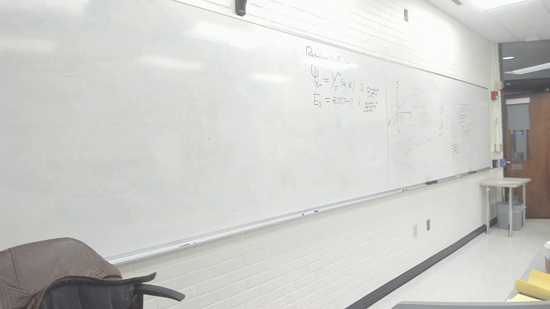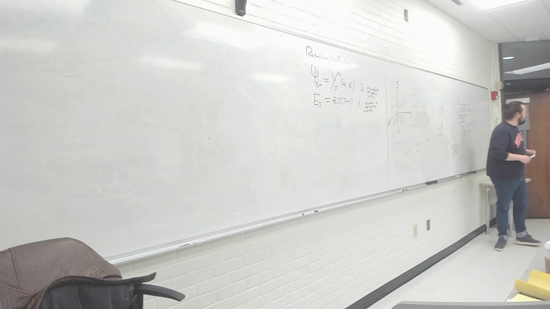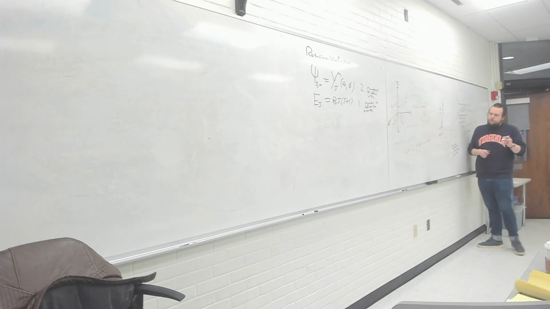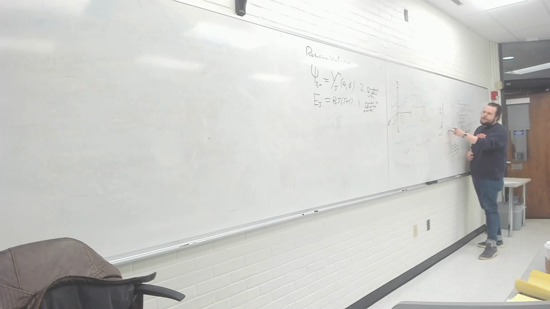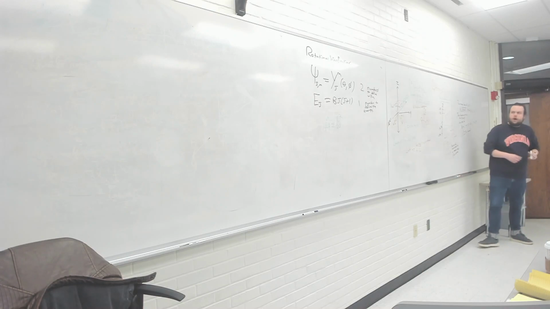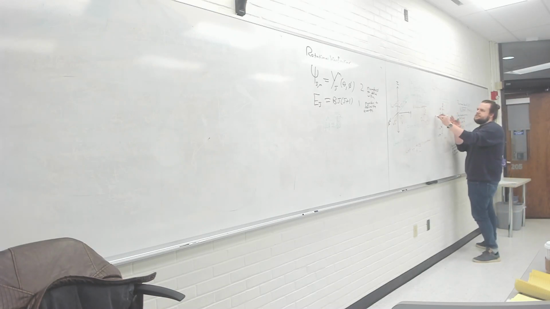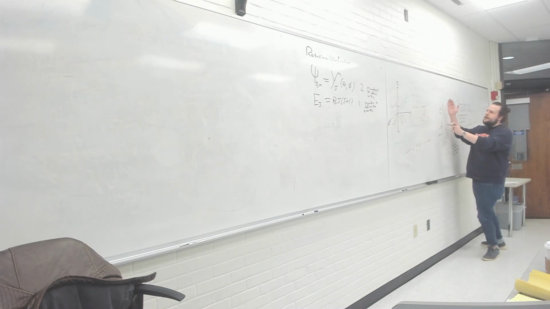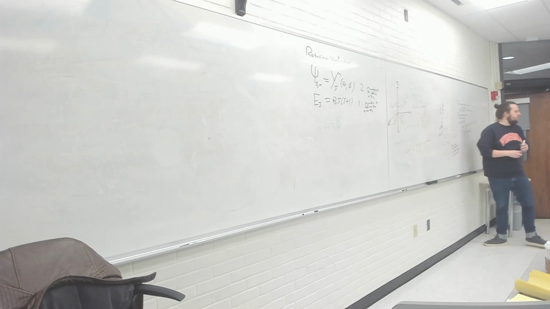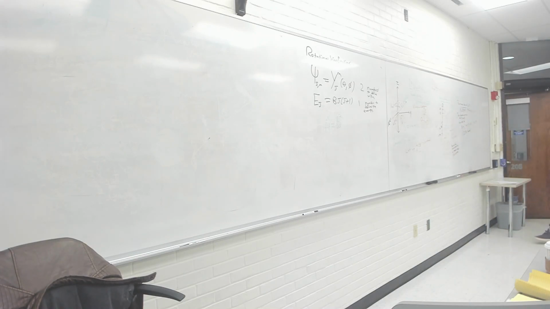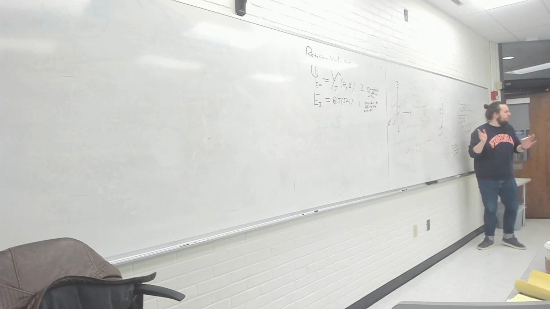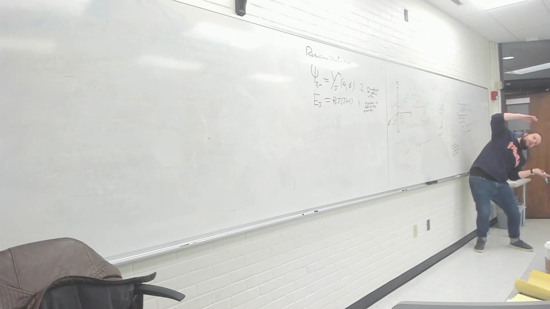Now, why do these have the same energy? Because all I need to do, in order to convert M equals minus 2 to M equals plus 2, is just rotate my axis system. If I rotate my axis system 90 degrees, then M equals minus 2 becomes M equals plus 2. The only difference between these two is literally that I'm taking the observer and rotating them like this.